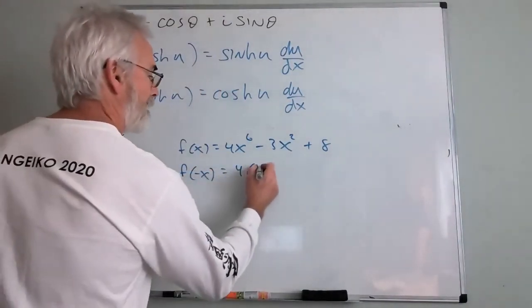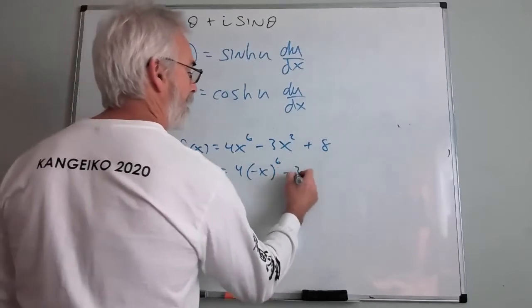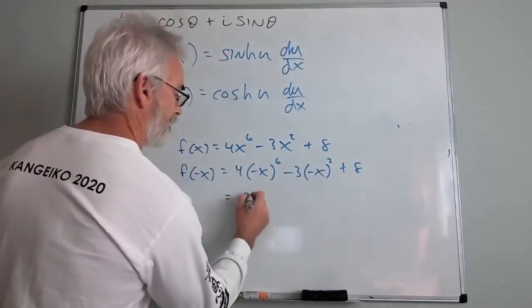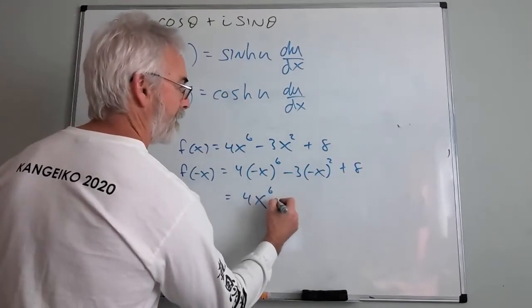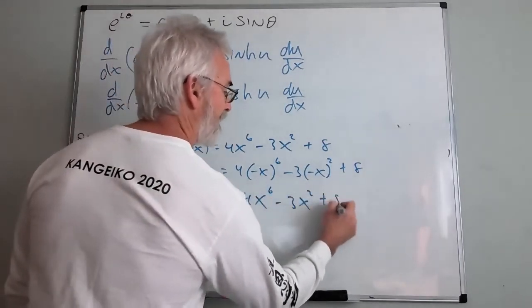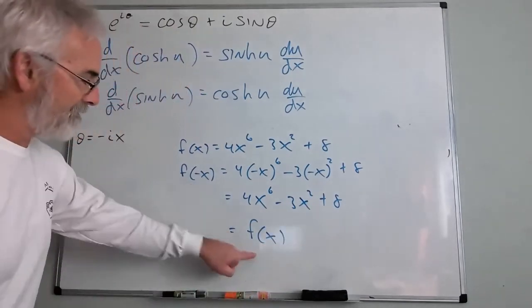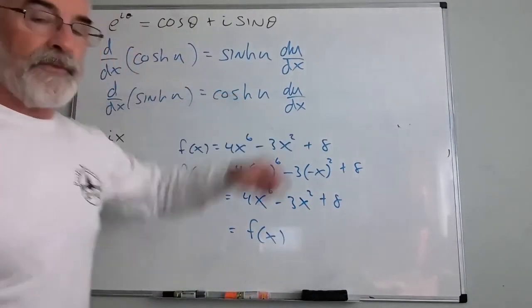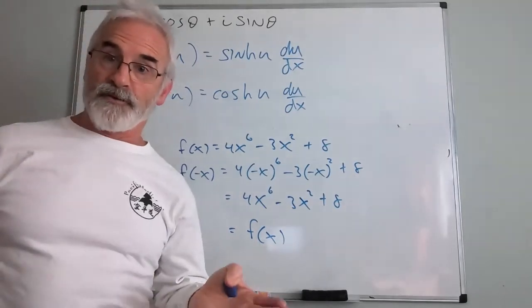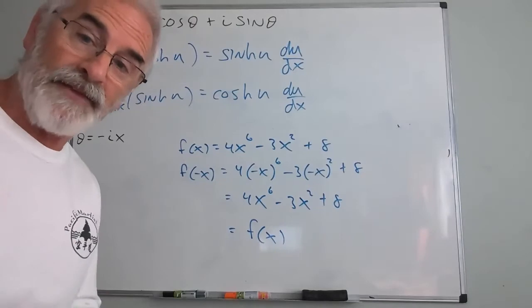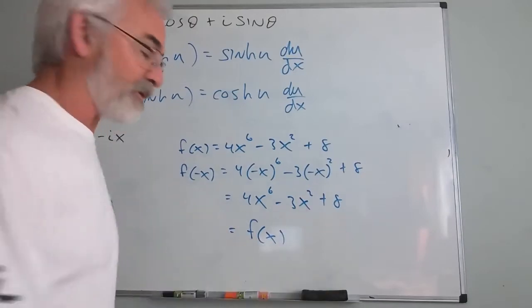Well, that'd be 4 times negative x to the 6th minus 3 times negative x squared plus 8, which is 4x to the 6th minus 3x squared plus 8. And that's my original f of x. Because all of these are even degree, all of them are even functions, then the sum is an even function. That's easy to remember. We like even because sometimes they give us a shortcut.